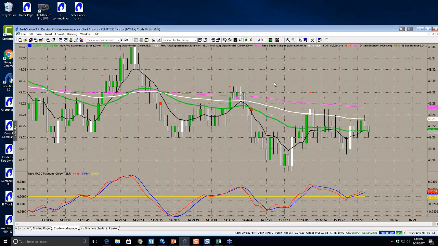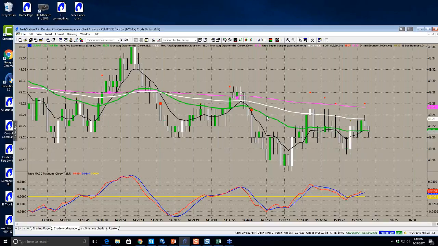Now you're seeing that we have several moving averages. I'll talk about the indicators first, but the first thing is to look at the moving averages that we have in our chart. This one is an 8 exponential moving average.